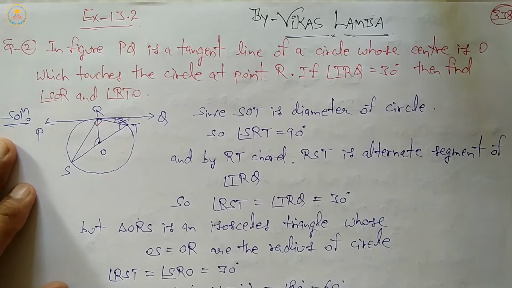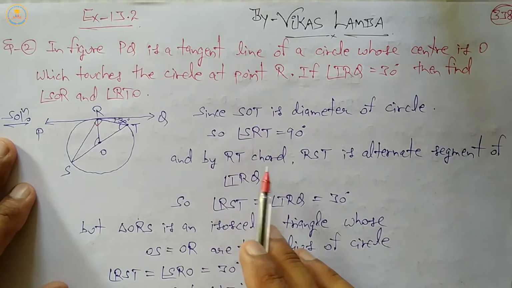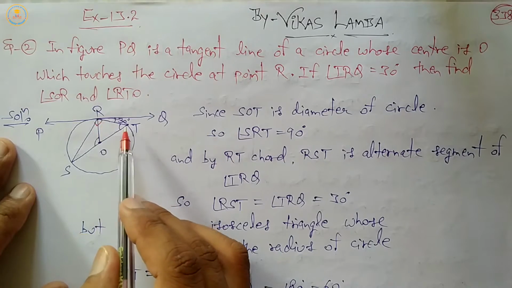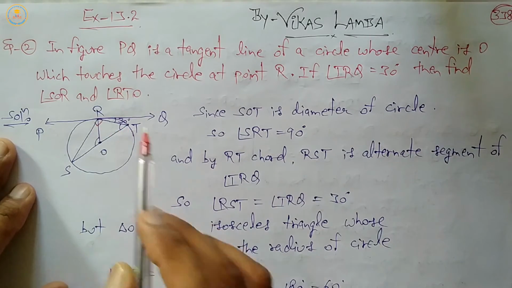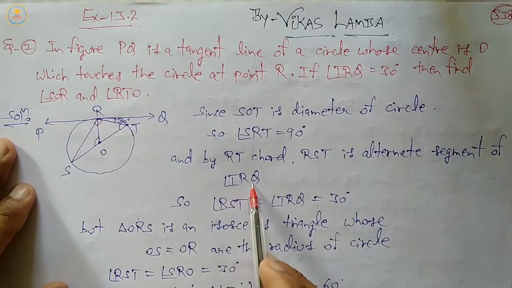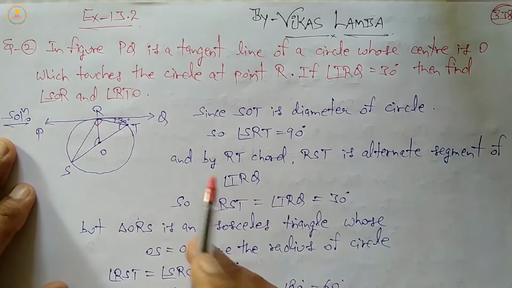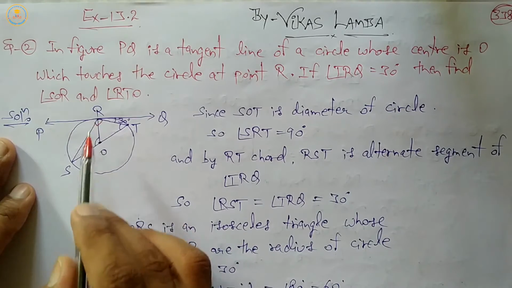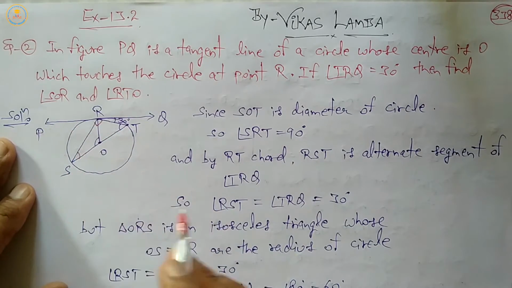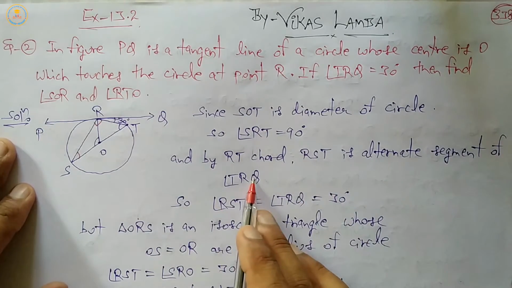Clear? Now RT is a chord, so angle RST is the alternate segment angle of TRQ.